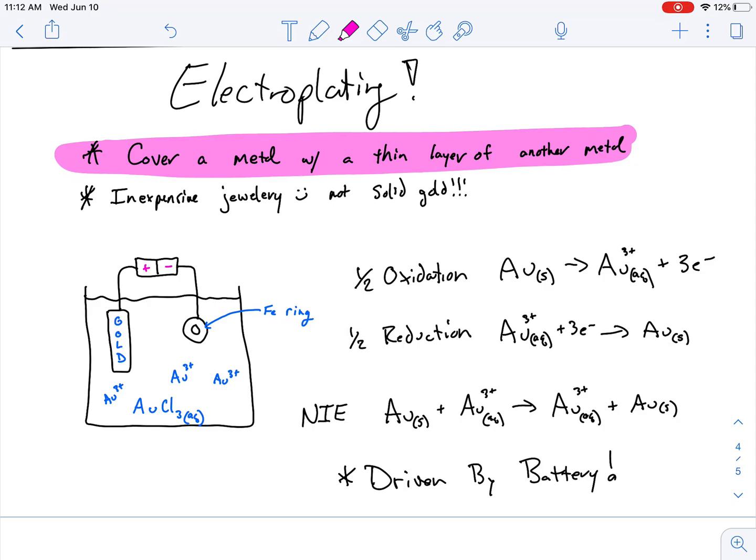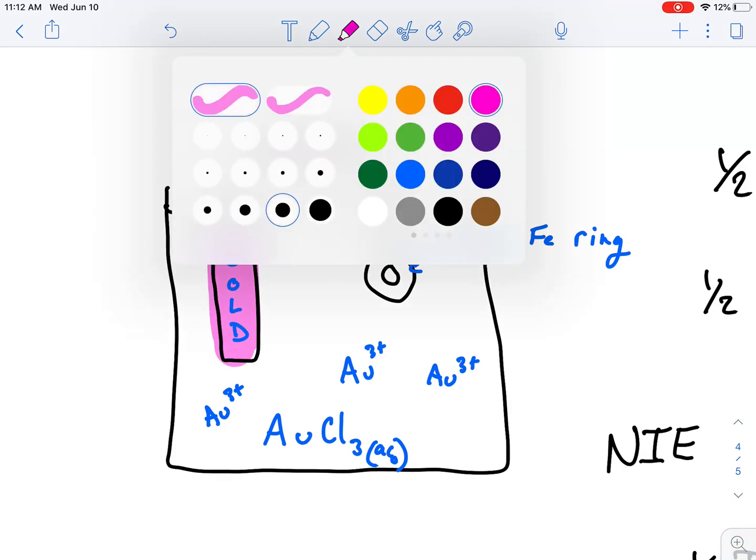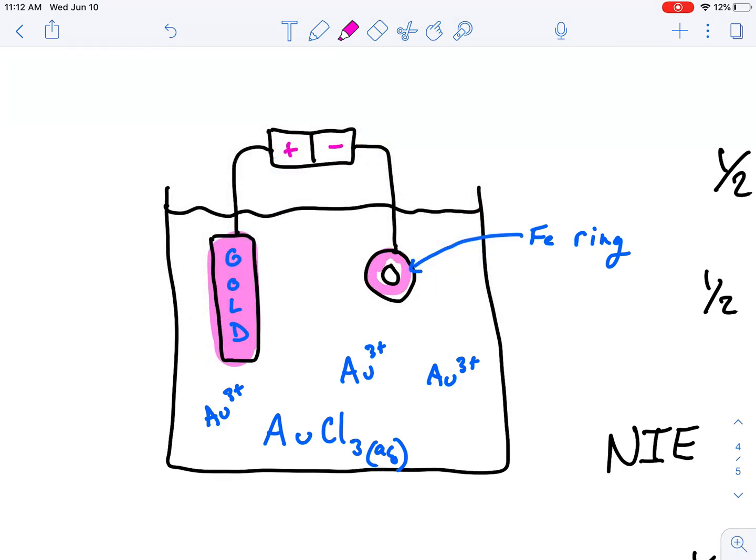All right, let's take a look at how this happens. So here we go. We have some gold, and we have an iron ring. I'll make this a little bit more narrow to make sure this is just your iron ring. I also have gold ions in solution because I have some gold 3 chloride. Now, if I hook this up to a battery, that means the electrons are going to be pumped in this direction. I'm going to have a lot of electrons here.